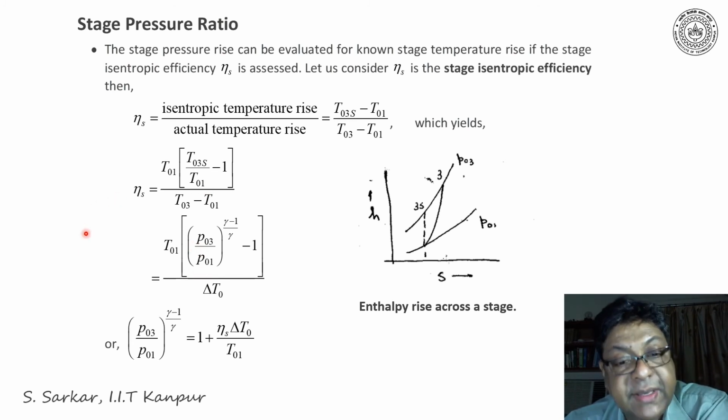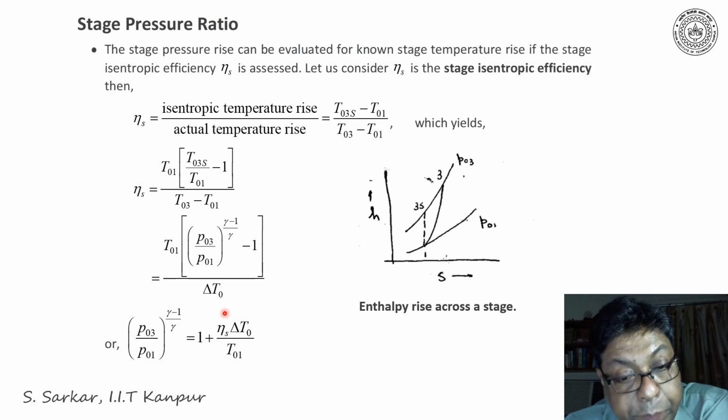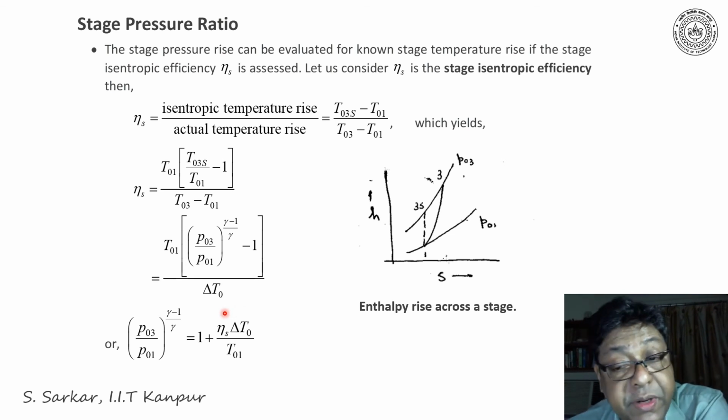Thus, eta S can be written as T01 within bracket (P03 by P01) to the power (gamma minus 1) by gamma, minus 1, divided by ΔT0. ΔT0 is the temperature rise of the stage. Equation 6 gives the value of ΔT0.